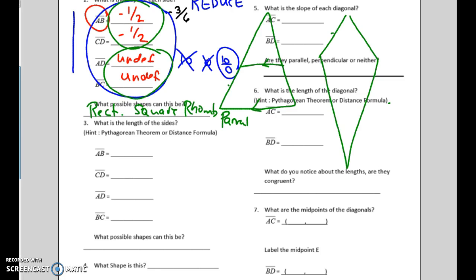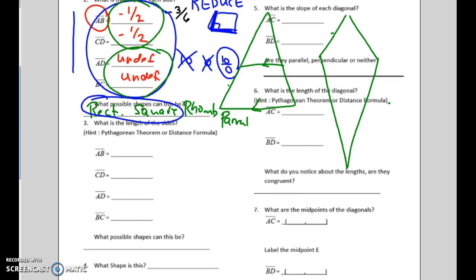Oh, well, wait a minute. I should also be able to eliminate two more. What does a square and a rectangle have in common? Their angles are what? 90 degrees. So if I have a square where the angles are 90 degrees, what do you know about these two lines? What would that be called?